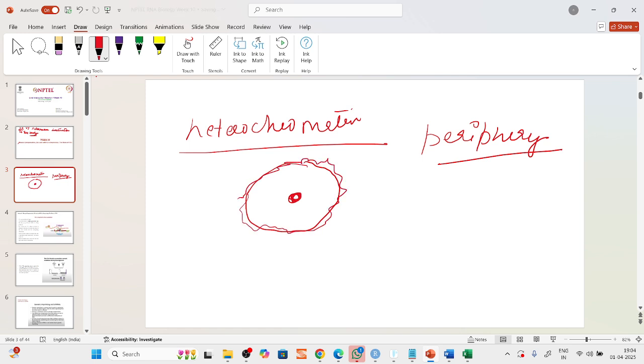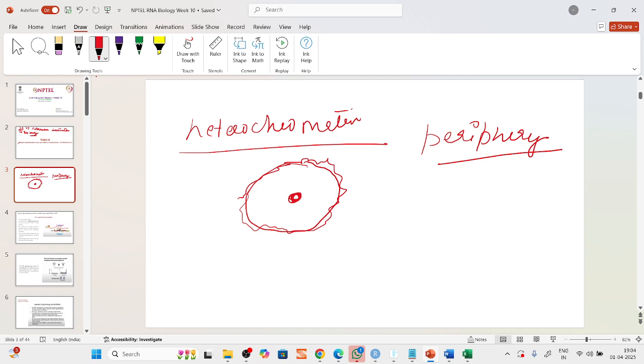Okay. So genes which are active, which are actively transcribed, those genes are present in the center of the nucleus. And genes which are inactive, those are present in the periphery of the nucleus.